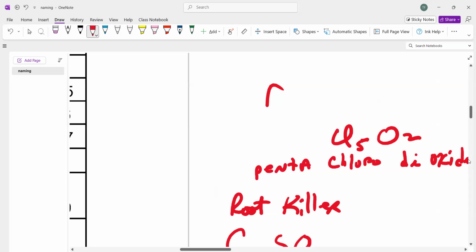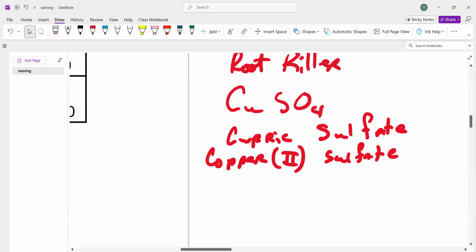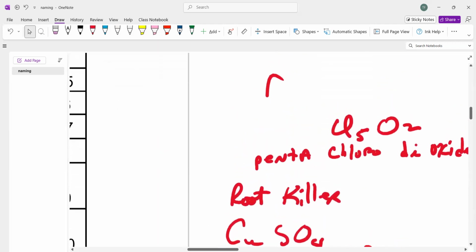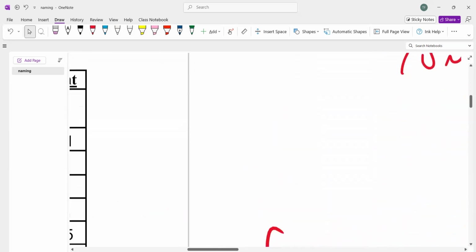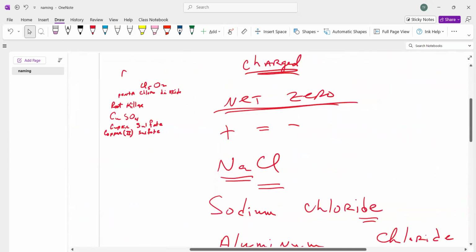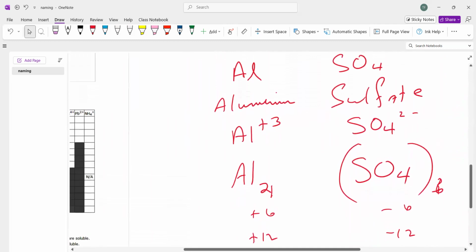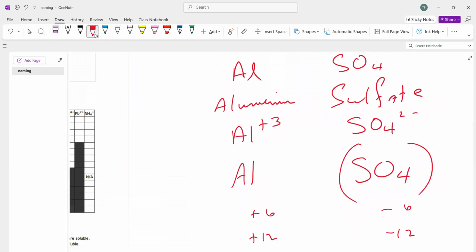Now, a common mistake on naming is that students will then say, well, they'll say dialuminum trisulfate.